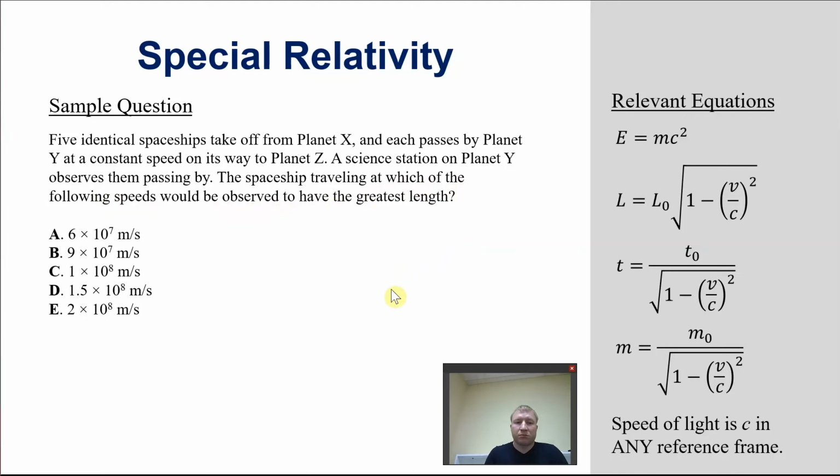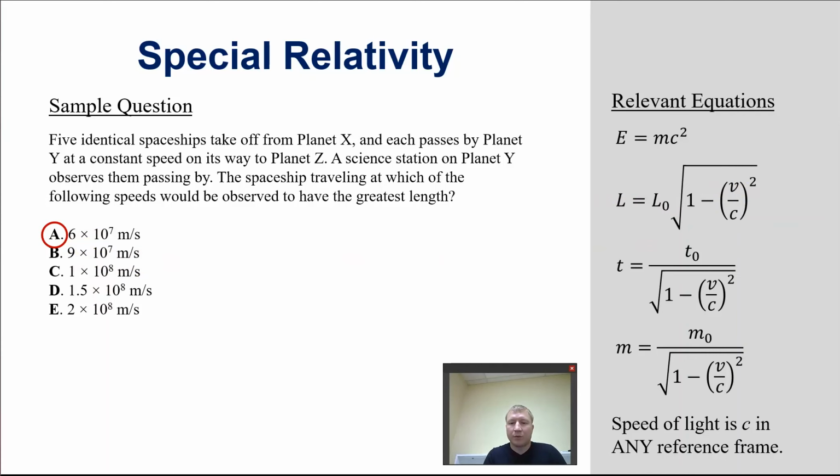Okay, so you look at this equation here, and it looks very straightforward. The smaller the speed is, the larger the length becomes. So you just have to compare those numbers and pick the smallest one, and that's it.